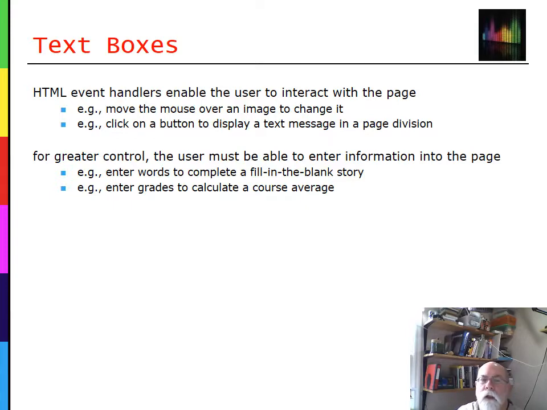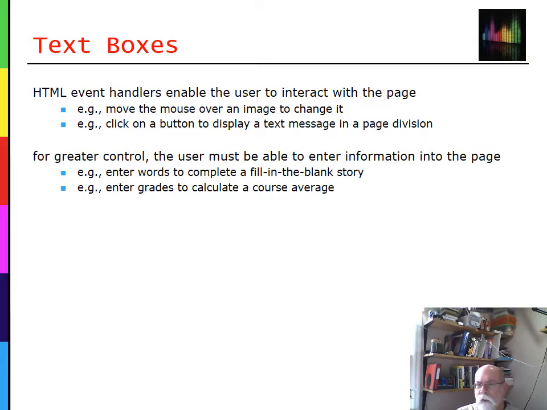Again, we talked about this previously: HTML event handlers enable the user to interact with a page, like moving the mouse over an image or clicking a button to make something happen.